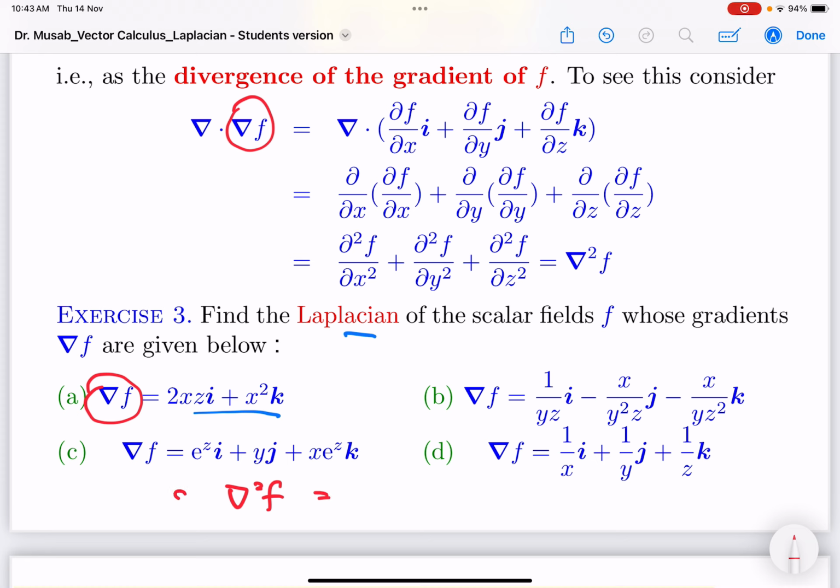For the first one, for the E part, we just take the partial derivative of every single component of the given equation, z plus x squared.